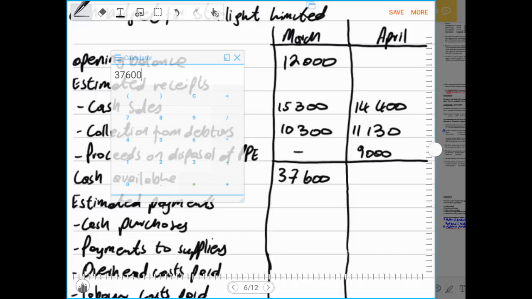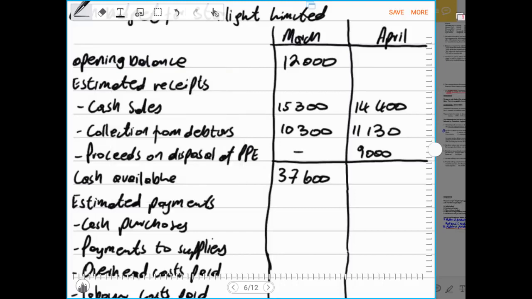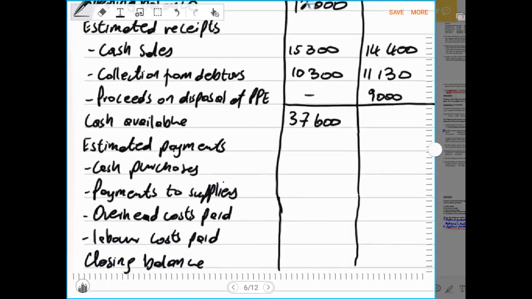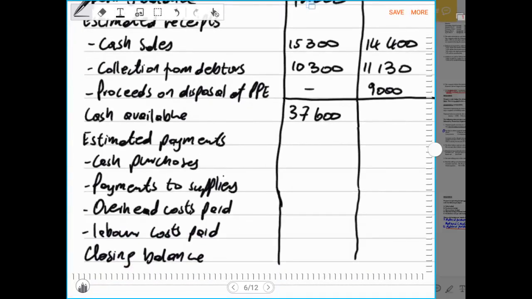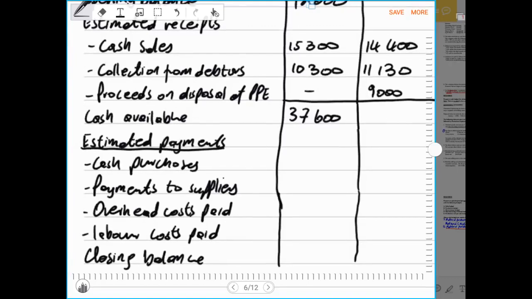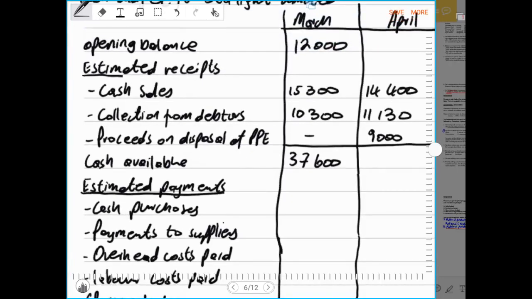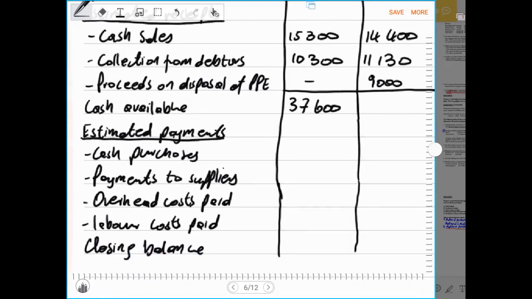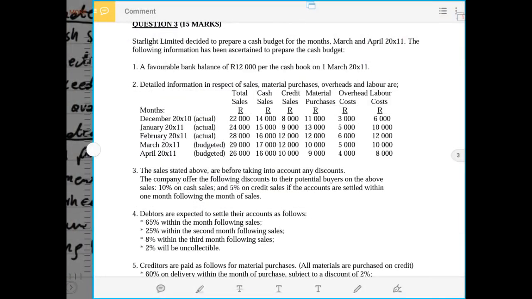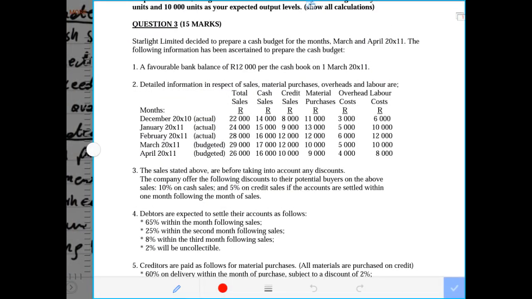For the April month, we still need the opening balance in the beginning of the period. Let us start with the estimated payments. We start with the cash purchases, where we bought for cash. Here are our material purchases.